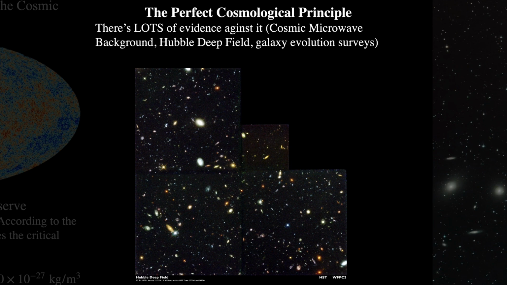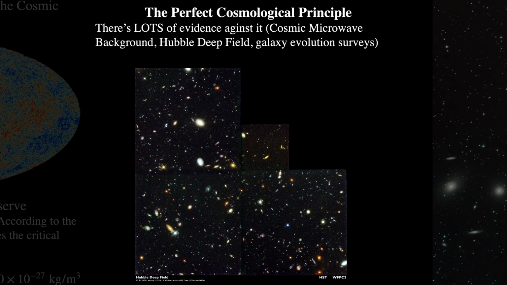Also, later, the galaxy evolution surveys, such as the Hubble Ultra Deep Field that's seen here, where as you examine this pencil beam survey of the Hubble Deep Field, you see foreground galaxies that look highly evolved and background galaxies which are tinier, redder, and much more misshapen.